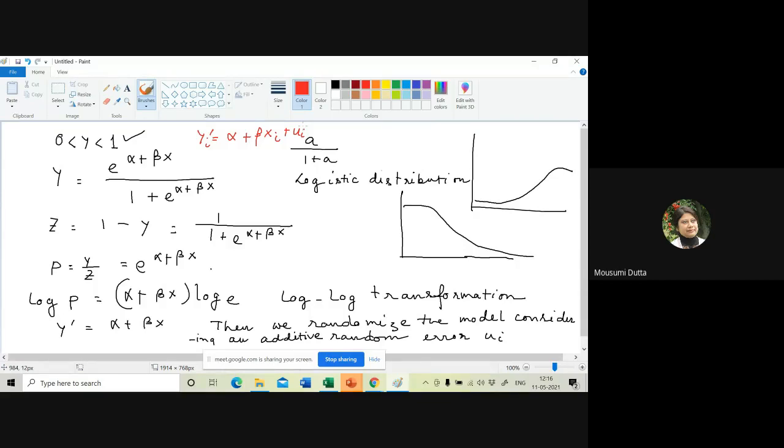Suppose Y is the unemployment rate, and you are considering the entire national income as X. So it's a huge amount. X is your national income and Y is, say, your unemployment rate.